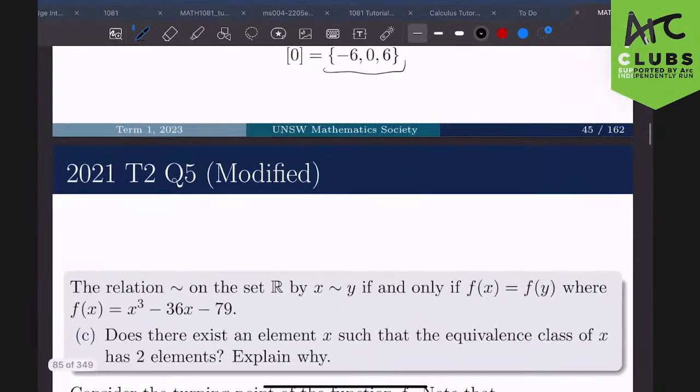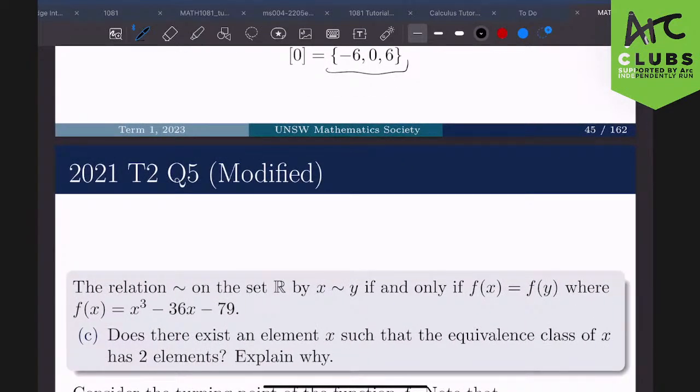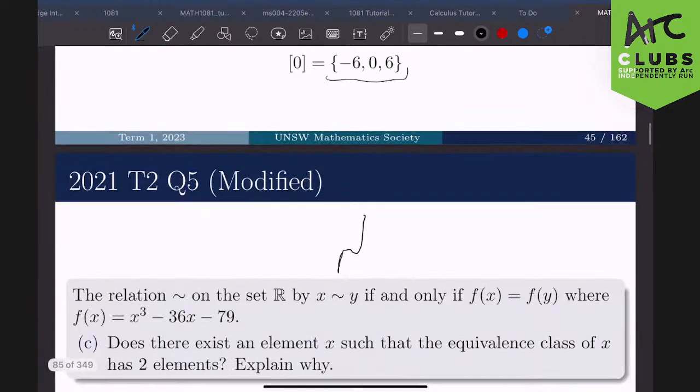Okay. Does there exist an element x such that the equivalence class of x has 2 elements? So if you imagine this graph, it's like a positive cubed graph, so it'll be something like this, and we also have the equivalence class, so we know that it does actually pass through the x-axis.